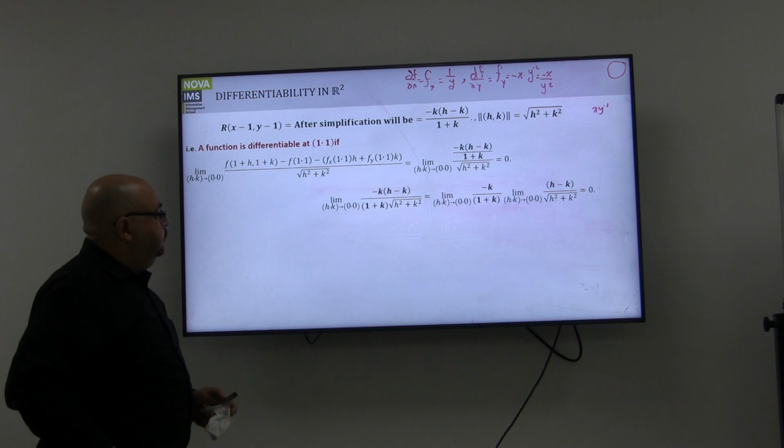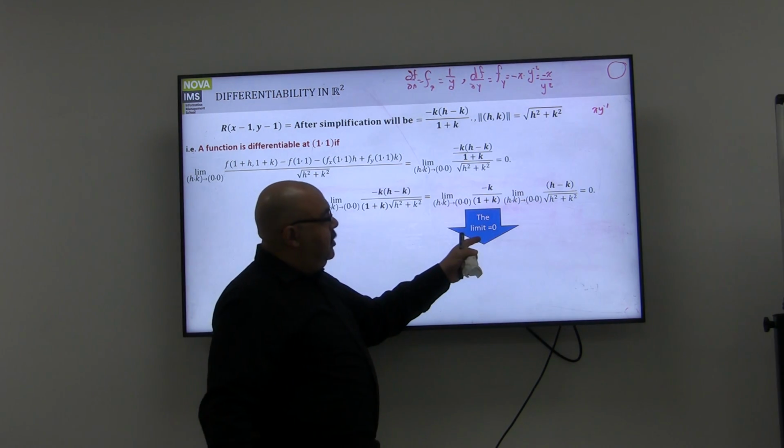So once more, this limit is going to be 0.